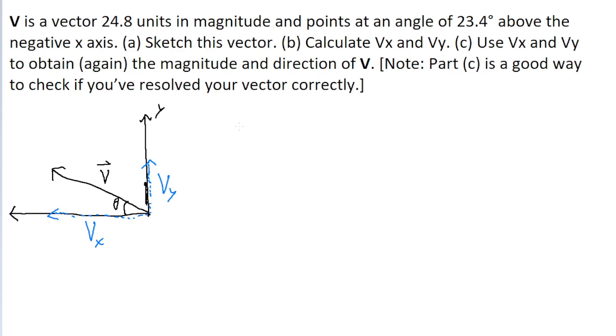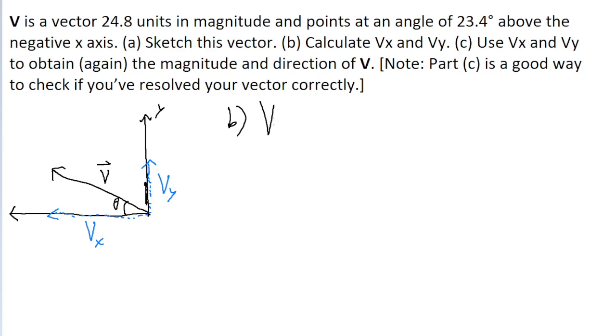Now remember that in general, when we have a vector with an angle being measured from a horizontal axis, then the x component is equal to the magnitude of the vector multiplied by the cosine of the angle, whereas the y component is equal to the magnitude times the sine of the angle.